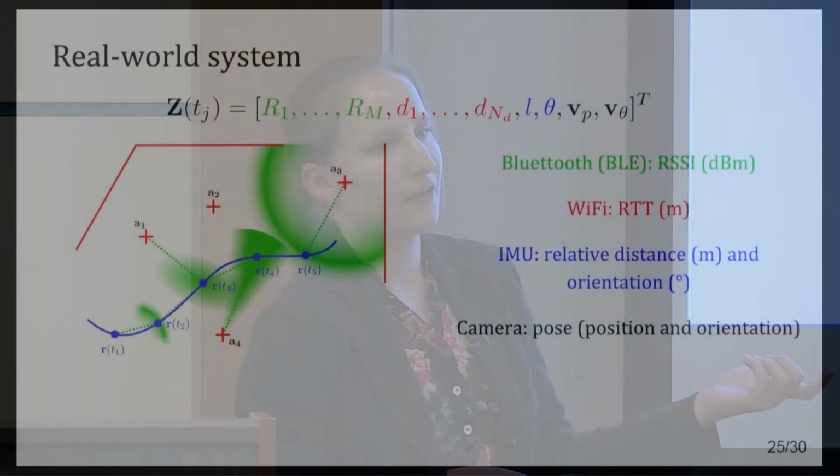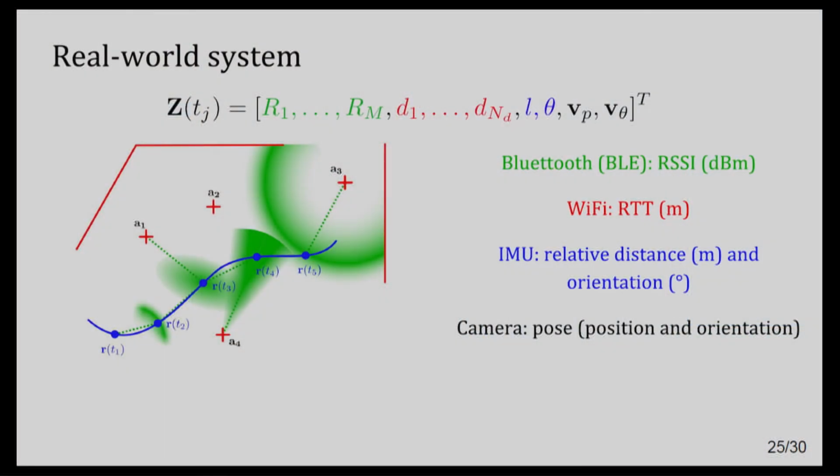So now what do we have? We have these very different kinds of measurement modalities, and in addition to that, they're all extremely noisy. So instead of having exact or almost exact distance measurements, you have a distribution of distance measurements.